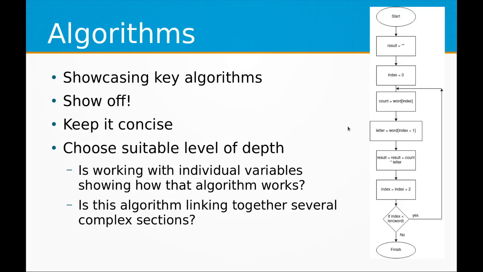So you don't need to be working with individual variables. You can simply say, has all the data been processed? Yes, in which case I'm going to do this with the data. No, in which case I'm going to continue doing this. What are you trying to show? And that's what you should be focusing on rather than the completeness. You can generalize things.